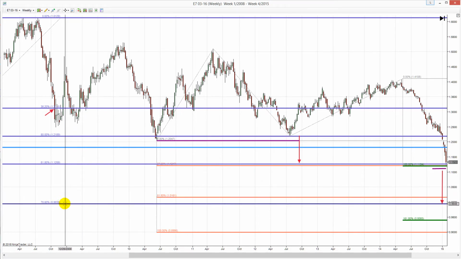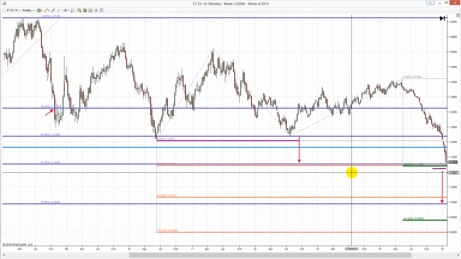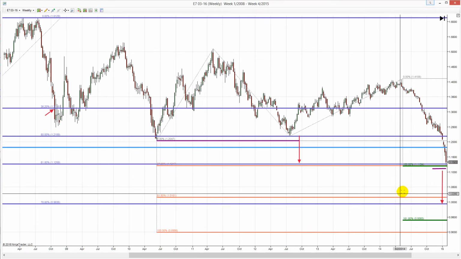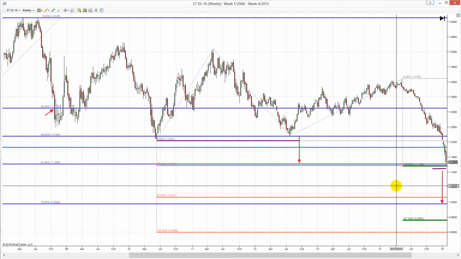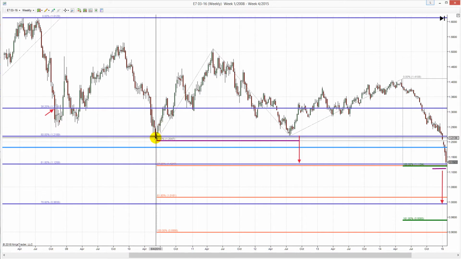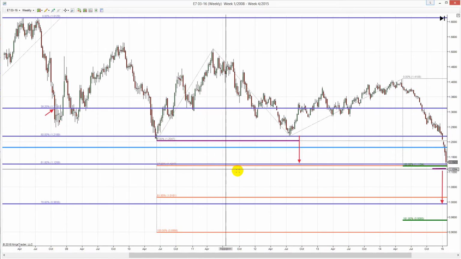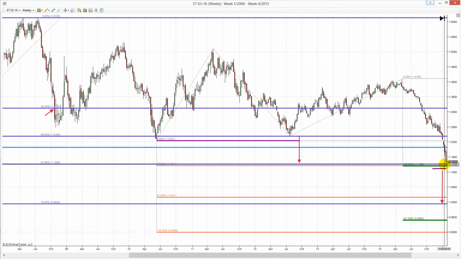The probability is less at 78.6, but at least that level. And why is the probability less? Because it's 78.6; there is a higher probability of breaking one level at 38.2, 50%, 61.8%. So the probability is lower, but of course it still exists. From that extension, we're going to be here, and we made it. Now, if we bounce from here, where do we go?